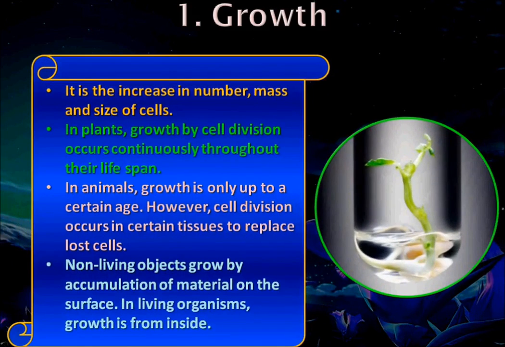So it is the increase in number, mass, and size of cells. So we have two things when we define growth. First is increase in number of cells, and second is increase in mass of cells. So growth is irreversible process.